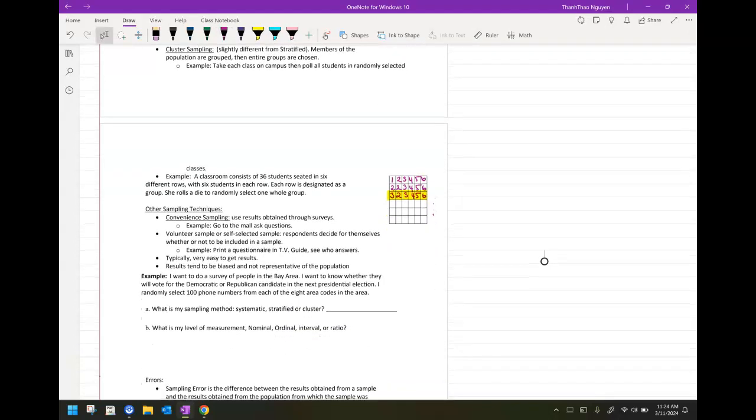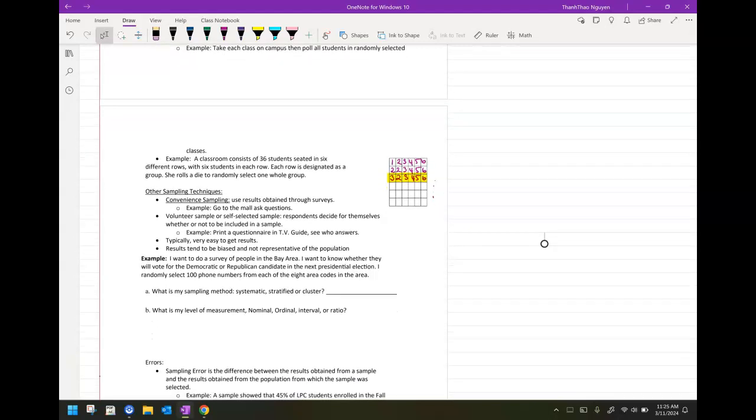Another sampling technique, convenience, uses the results obtained from surveys. For example, go to the mall to ask questions, or like in the previous example, stand in front of the library to ask students in organic chemistry about the cost of books, right? Or go to the gym to ask senior citizens how much they pay on books. So that is a convenience example, convenience sampling, based on the question that you want to answer.